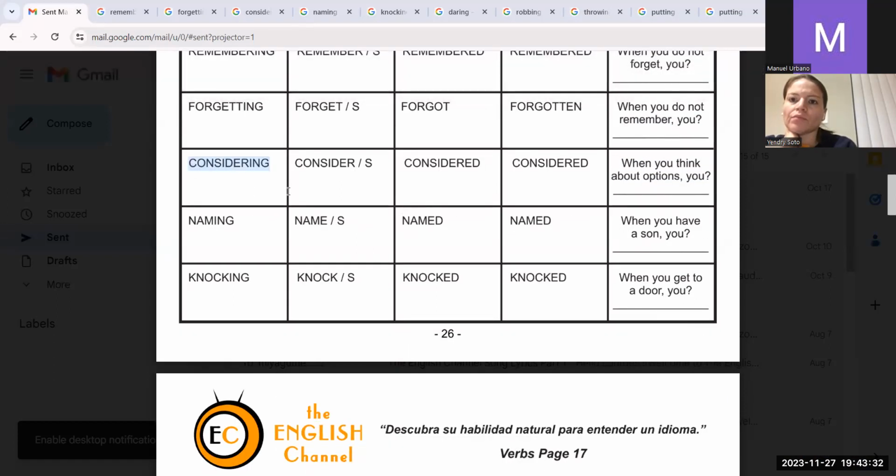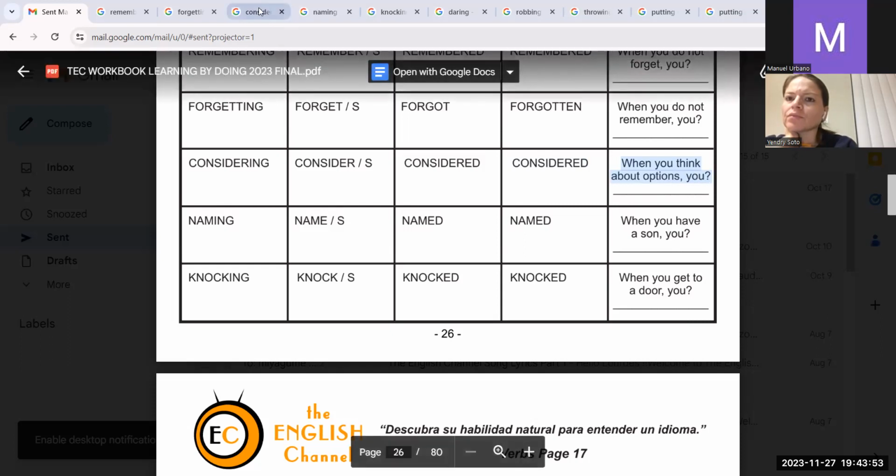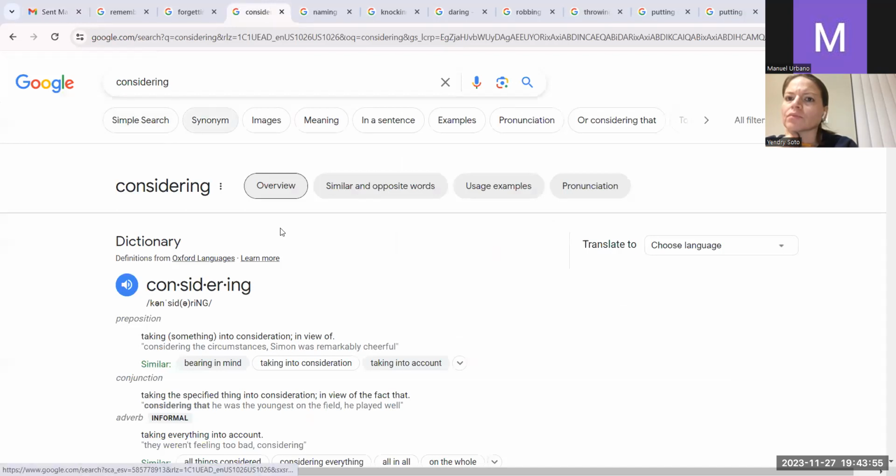Please repeat. Considering, consider, considers, considered. When you think about options, you consider red, white, blue, black.